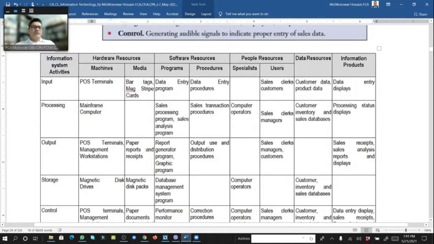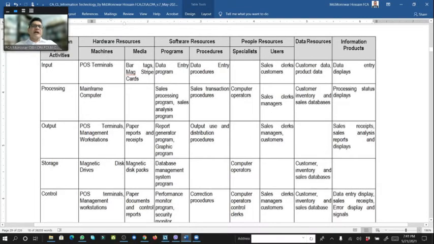Control. If we go for control as an information system activity, we will see that hardware resource machine uses payment of sales terminal, management workstation, media using paper document or control report, software resource program using performance monitor, security monitor, procedure, correction procedure, and people resource specialist computer operator or control clerk, control person.